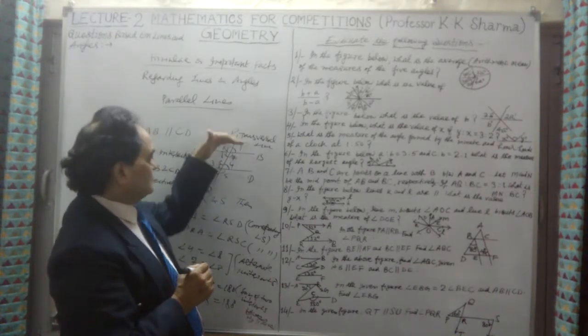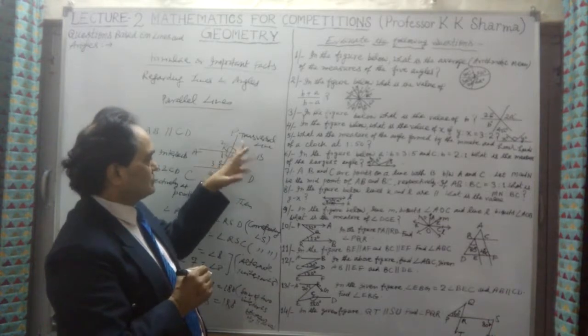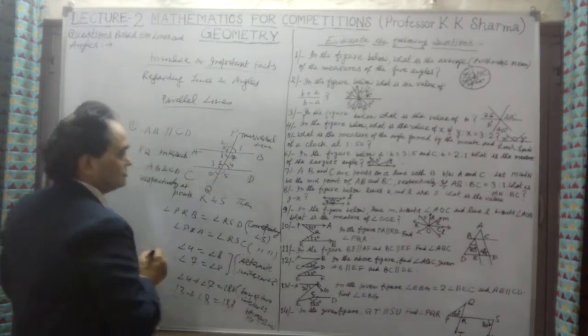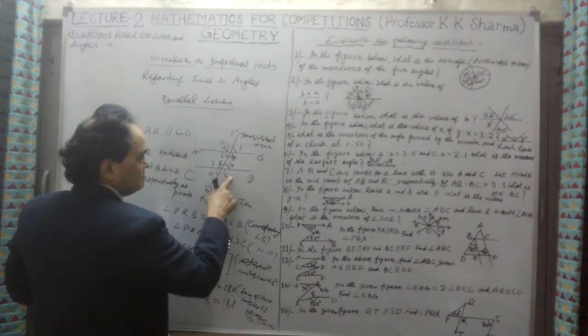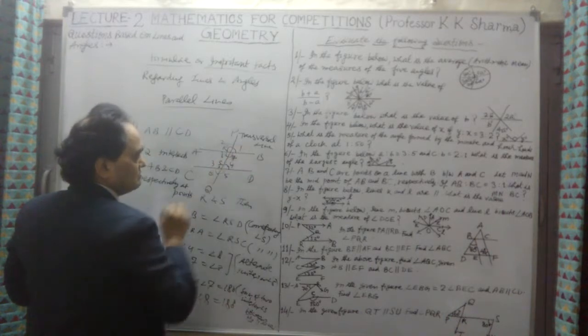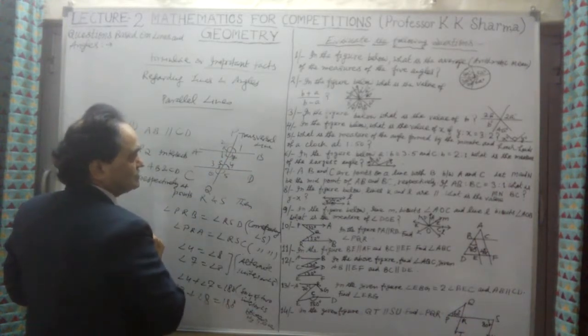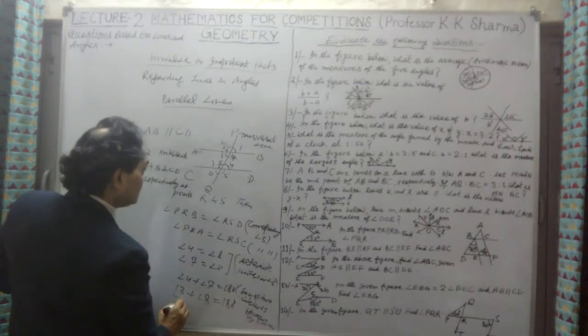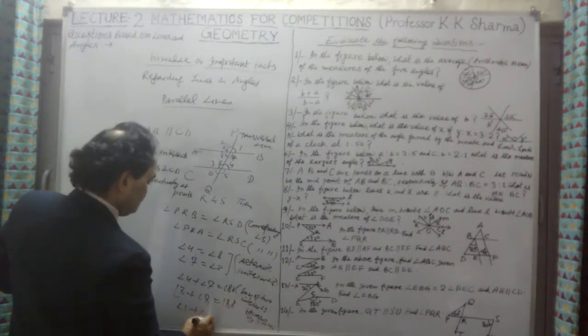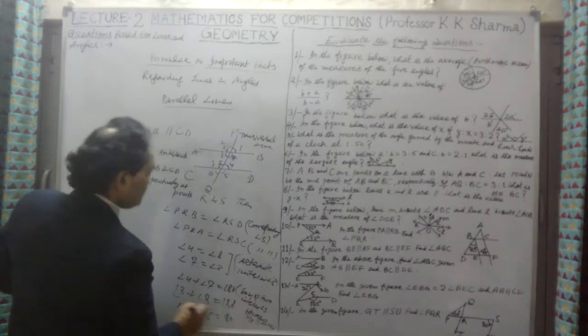Similarly, angles made above: angle 5 plus angle 1 is equal to 180 degrees. So the sum of exterior angles is also 180 degrees. This is below this line and this is above the line. They are exterior angles, and angle 1 plus angle 5 is 180 degrees.